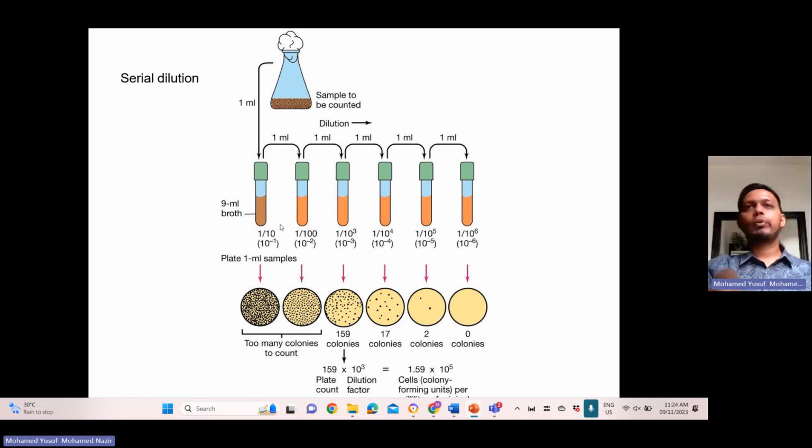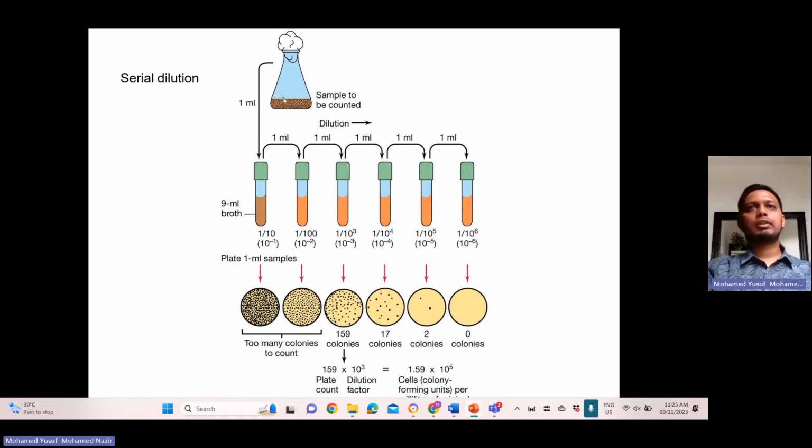So how are we going to solve the issue? We should prepare a serial dilution, where we dilute 1/10 of the original medium into new tubes. So 1/10 of this will be transferred into this, and then in here it will be diluted 100 times.